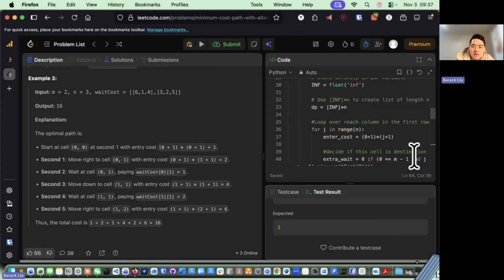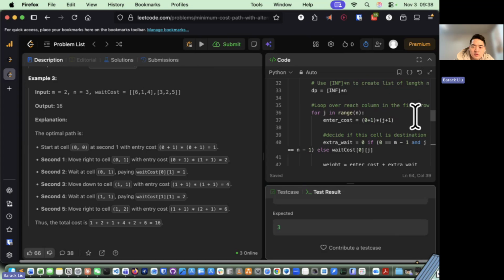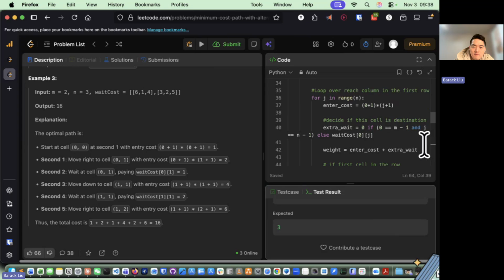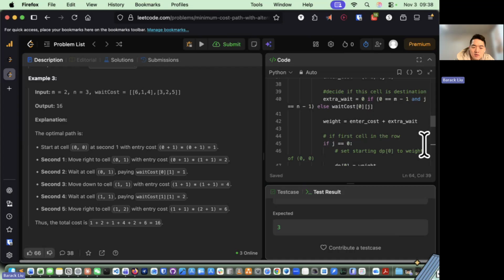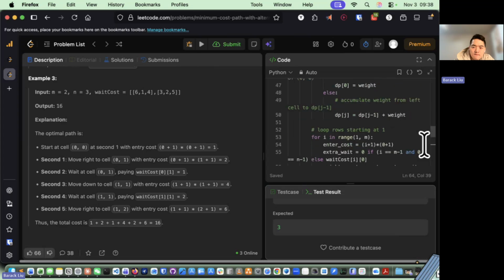So we start from our beginning. Define a dynamic programming. Go through the range and cost, actual weight.